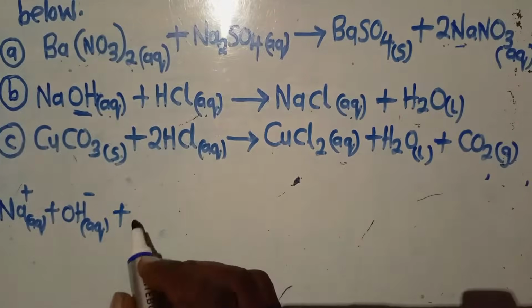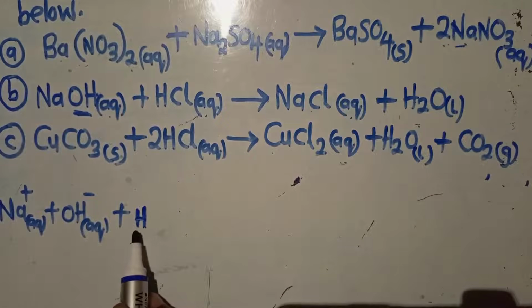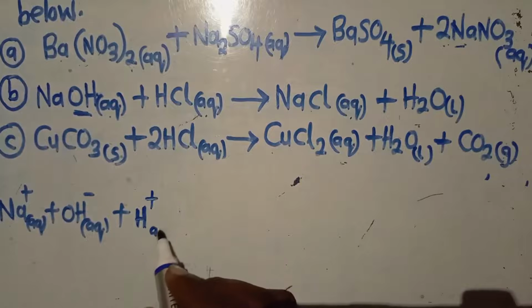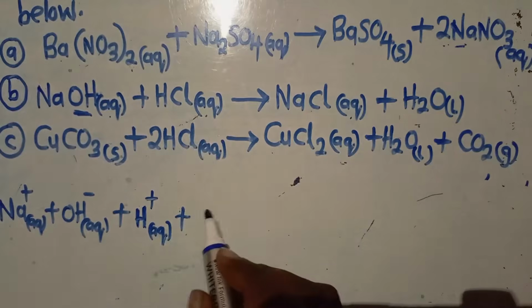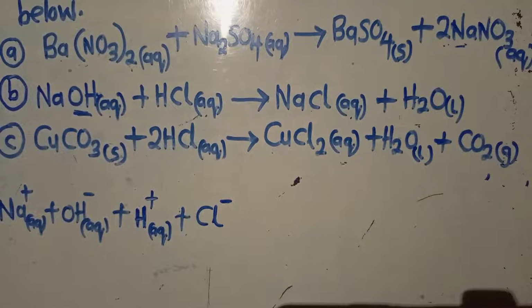So I split them. That is hydrogen, so what am I going to put? A plus there. It is in aqueous. I say plus, that is chlorine, so chlorine negative. You need to know the charges of these. This is a radical. You need to know it.